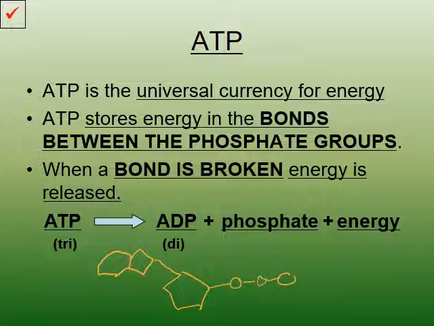Now, if you go ahead and break one of these phosphate chains, so let's say we go ahead and break that off right there. What we're doing is we are separating that phosphate from the ATP, and now we only have ADP, or adenosine diphosphate, because if you count it, we have two phosphates. And when we go ahead and break that bond, we are releasing all the energy that was held within that bond, which normally is a tremendous amount.